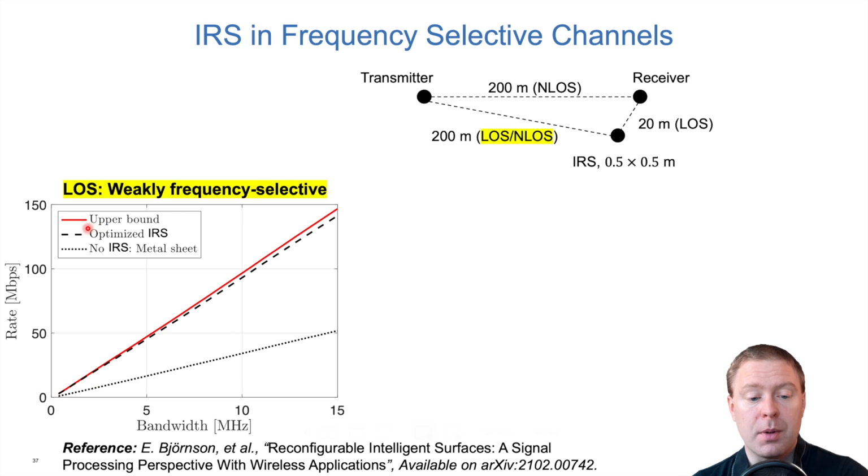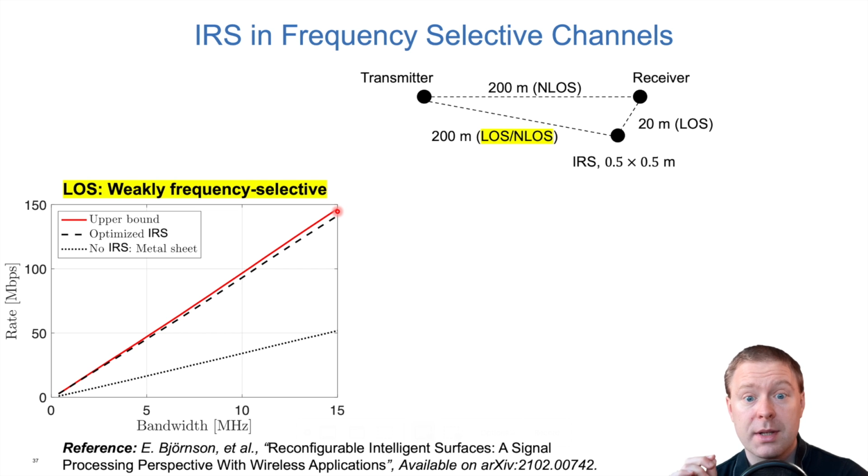And the upper bound, when I can configure my IRS individually for each subcarrier, is this red line here. If I'm instead optimizing the IRS based on this STM, the strongest path optimization, then we are getting this black curve. And it is rather close. There is small loss, but not very much.